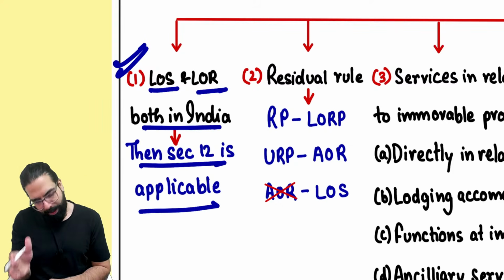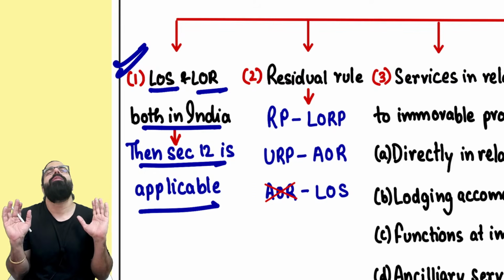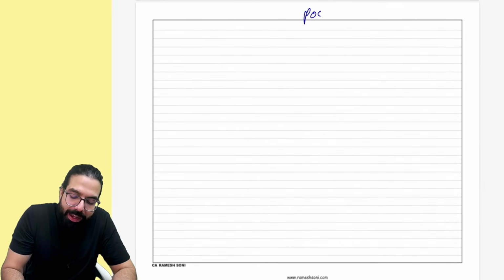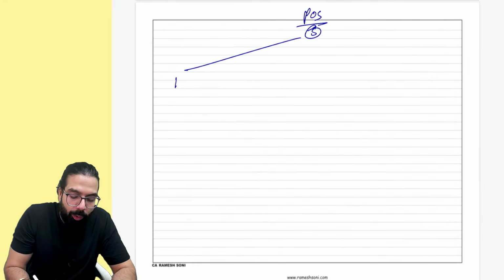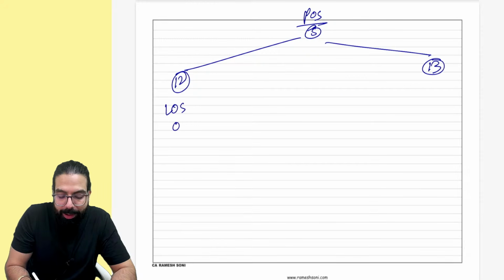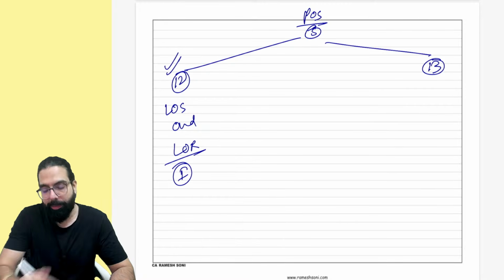I am the supplier, I am in India. You are the recipient, you are also in India. Then we'll apply section number 12 and find out the place of supply. You know what, everyone? Actually, place of supply in case of services, there are two sections. One is section number 12 and one is section number 13. 12 is applicable when location of supplier and location of recipient both are in India. Then you should always apply section number 12 and find out the place of supply.